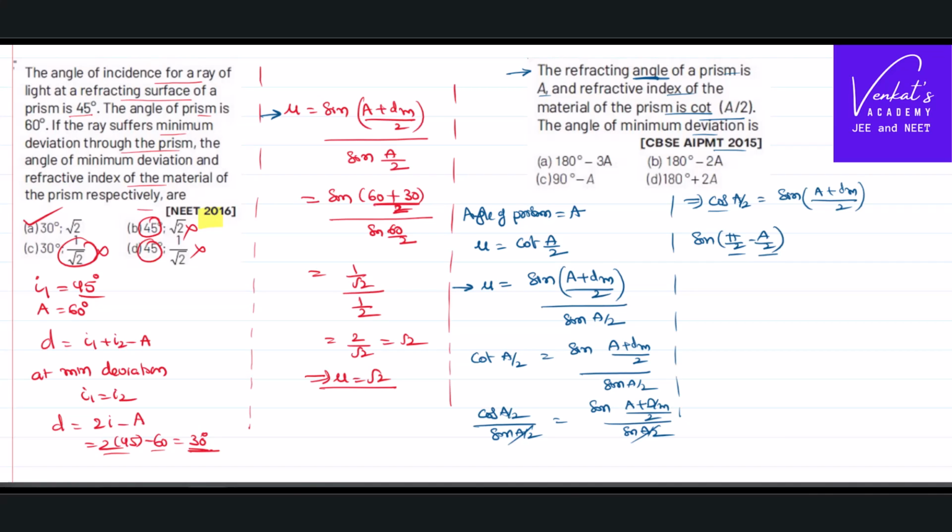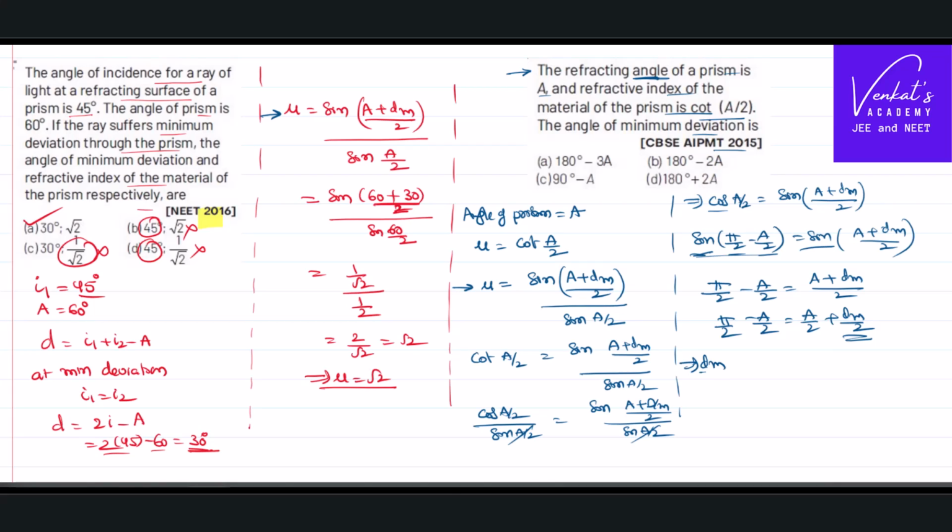So cos theta can be written as sin of 90 minus theta, equal to sin of (A plus d minimum) by 2. We can take sin inverse on both sides, so it can be cancelled. So pi by 2 minus A by 2 equals (A plus d minimum) by 2. So this is A by 2 plus d minimum by 2 equal to pi by 2 minus A by 2.